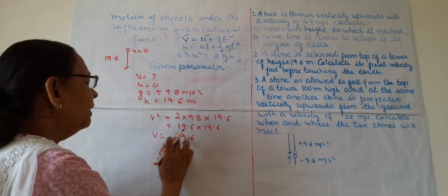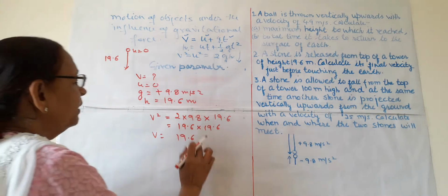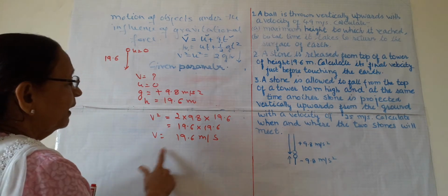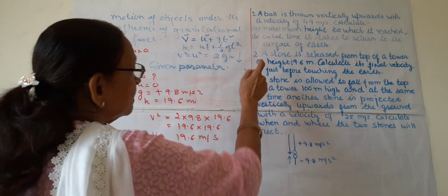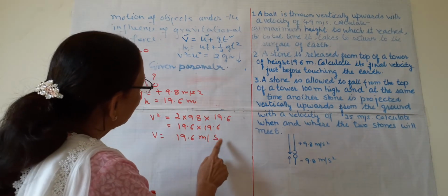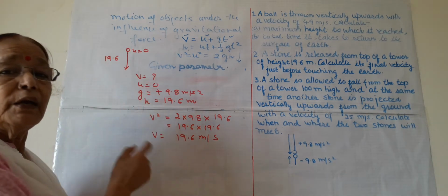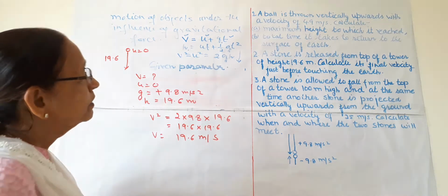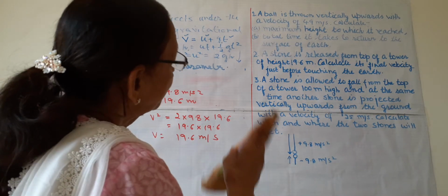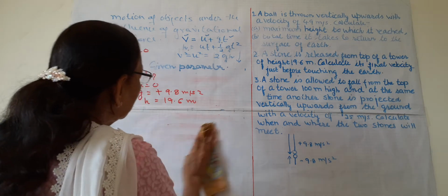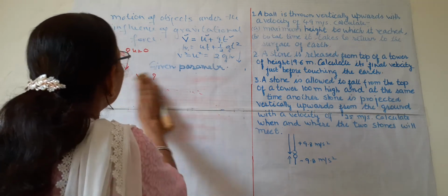So v will be 19.6 meter per second. So the final velocity in this case is 19.6 meter per second. G is positive, u is 0. We have calculated. So this is how this numerical is solved. Now the third one is a bit tricky.